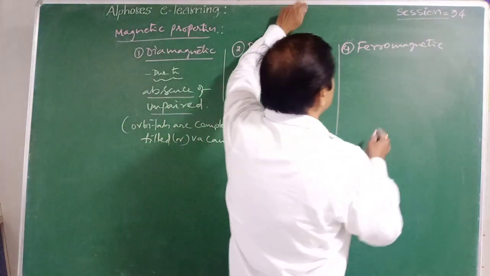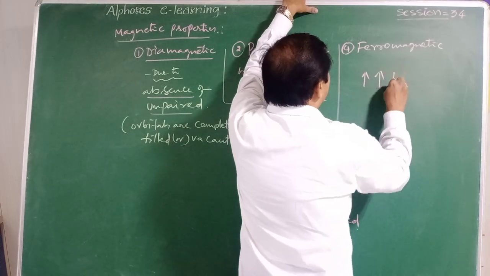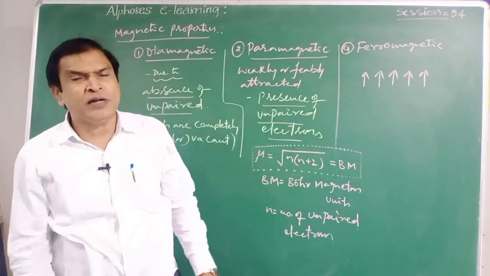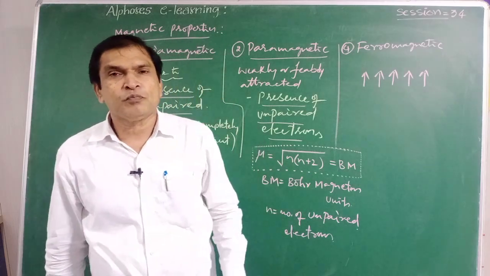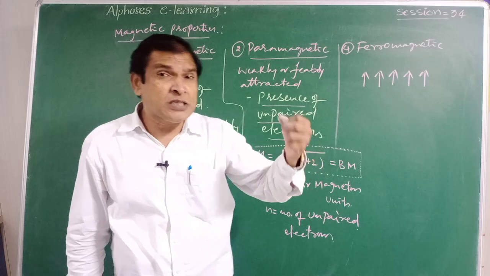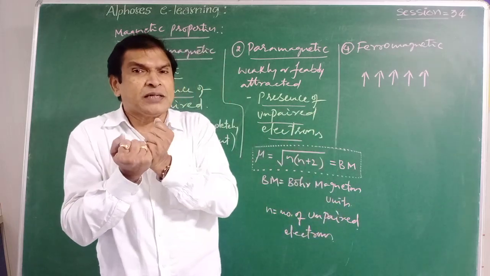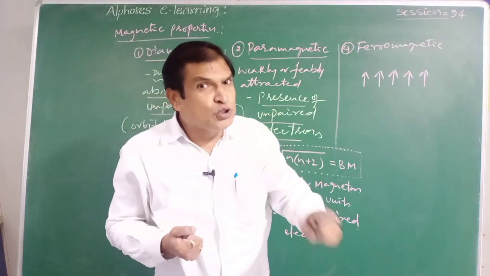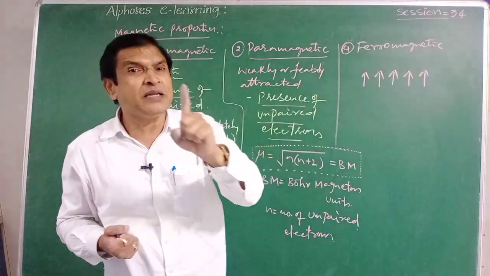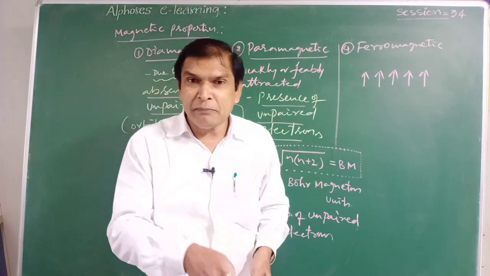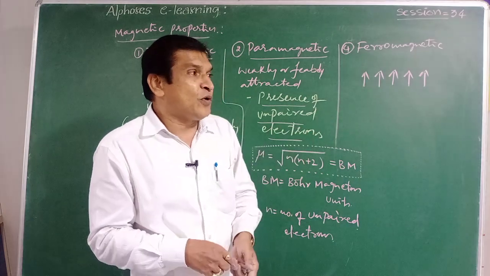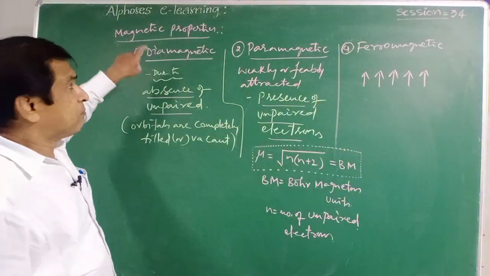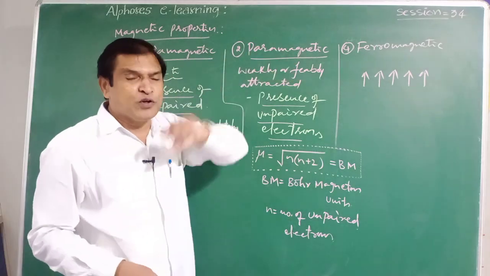A substance containing a large number of parallel spin unpaired electrons is strongly attracted towards an external magnetic field. That behavior is called ferromagnetic nature. Diamagnetic, paramagnetic and ferromagnetic nature are now completed.